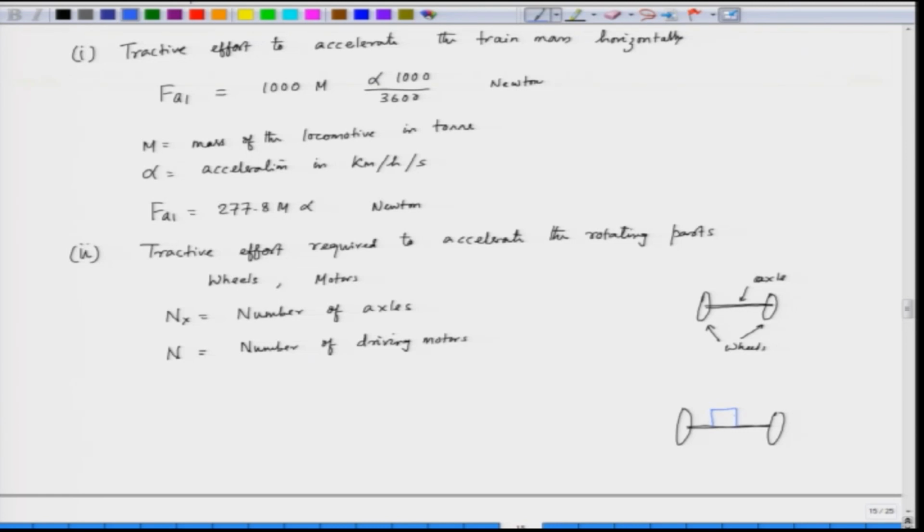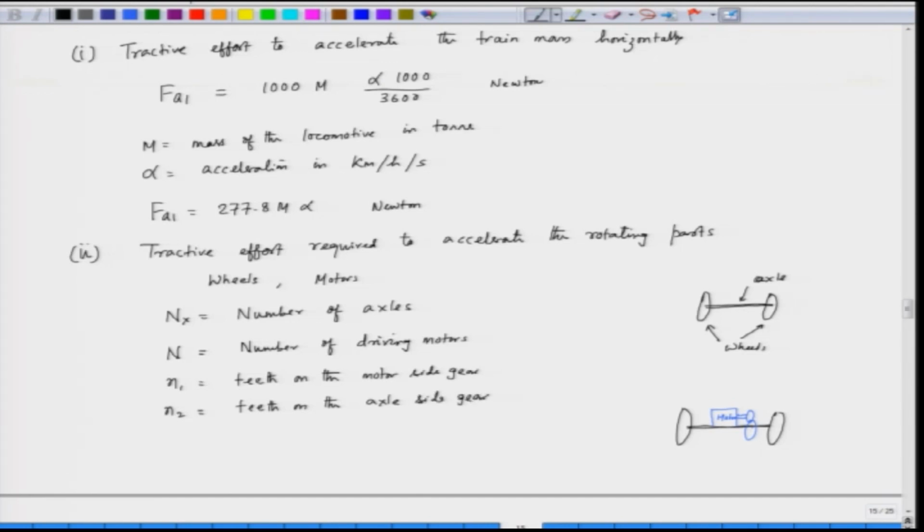So, we have two gears here, one is the motor side gear, the other is the axle side gear. This is the motor. N1 is the number of teeth on the motor side gear, and N2 is the number of teeth on the axle side gear.